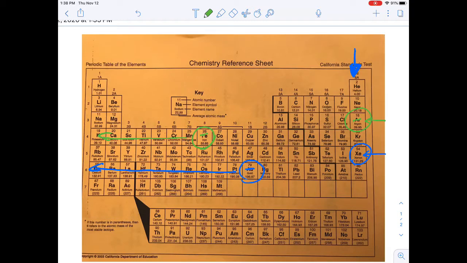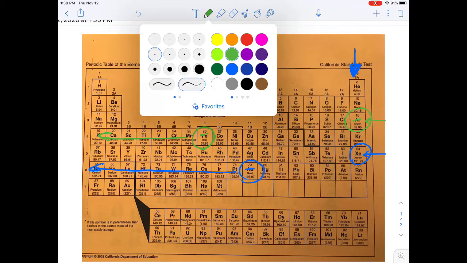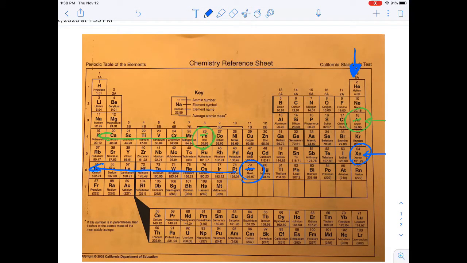Now, some students will accidentally say, oh, wait, let's go back to gold, the noble gas is here because it's in the same row. No. Radon is after gold and has a higher atomic number, and that's not what we were looking for.